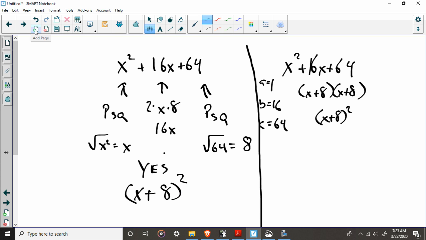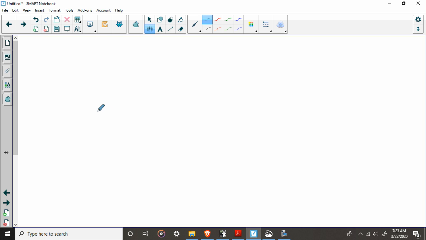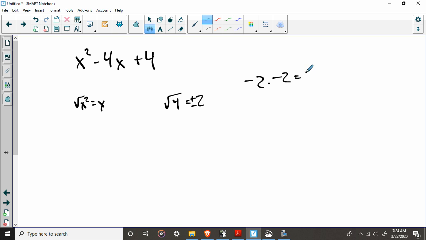Okay. So I'll do maybe one or two more, and I'll leave you guys to it. Okay. So what if I said x squared minus 4x plus 4? Okay. Is this a perfect square? Yes. Is this a perfect square? Yes. So again, what's the square root of x squared? x. What's the square root of 4? 2. Or negative 2. Remember, positive 2 squared, negative 2 times negative 2 also makes 4.